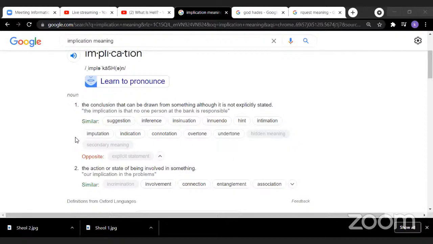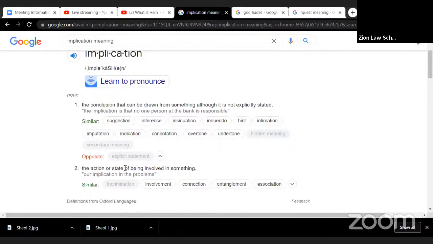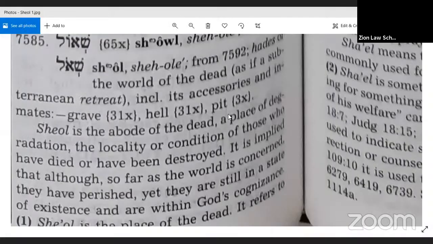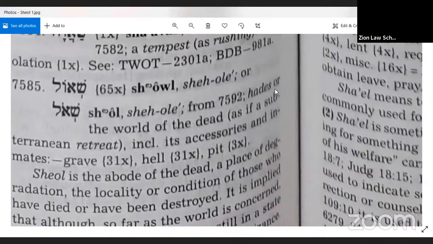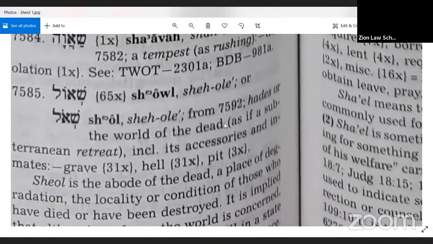Opposite: the action or state of being involved in something. So the second definition is the action or state of being involved with something. So implication, again, is the conclusion that can be drawn from something, although it is not specifically stated. So now let's apply that definition. It says here, Hades, or the world of the dead, as a subterranean retreat.